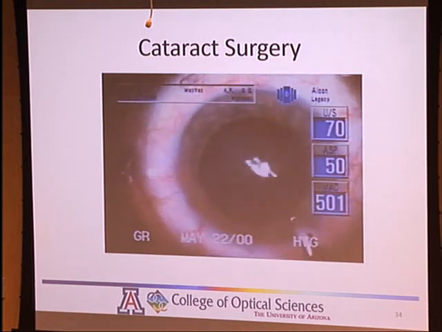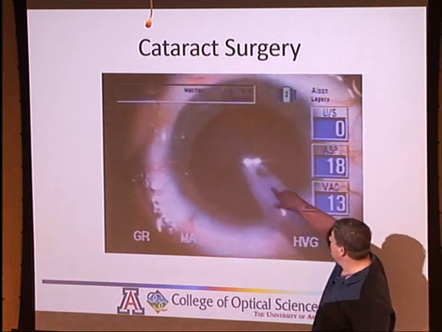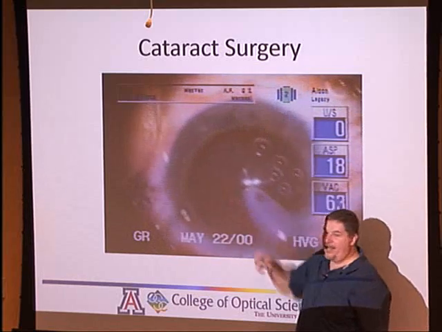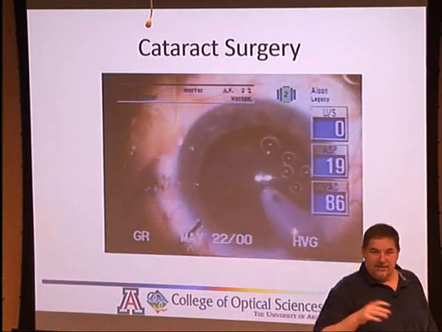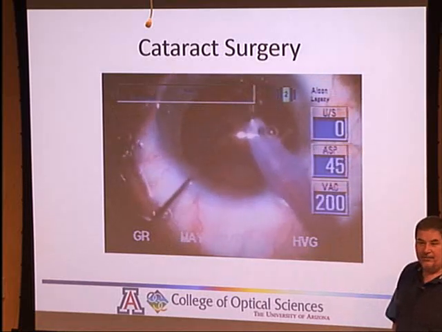And this one's called a phacoemulsifier. So this is a probe, and the end of it is hollow, and it vibrates at high frequency. And there's vacuum that's sucking on this.